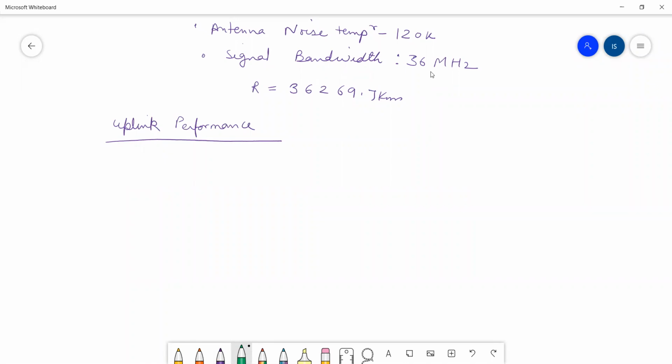So these are the losses, and then we will calculate the minimum requirement of carrier to noise ratio at the receiving terminal of the satellite. Okay. So first we will calculate EIRP. Earth station.